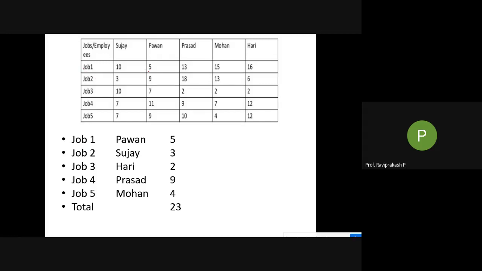Job one, Pawan is here. Just mark it. Job two, Sujay. Then job three is Hari, Hari is at the last. Job four, Prasad, at 9. Then job five, Mohan. Mohan is 4. So these are the assignments that you should get.